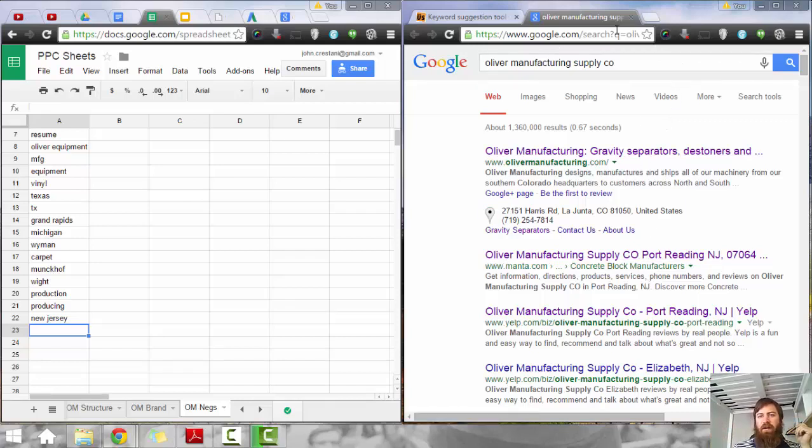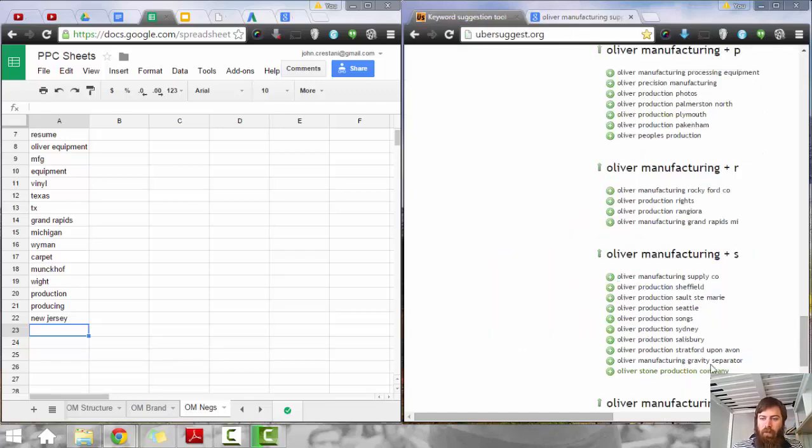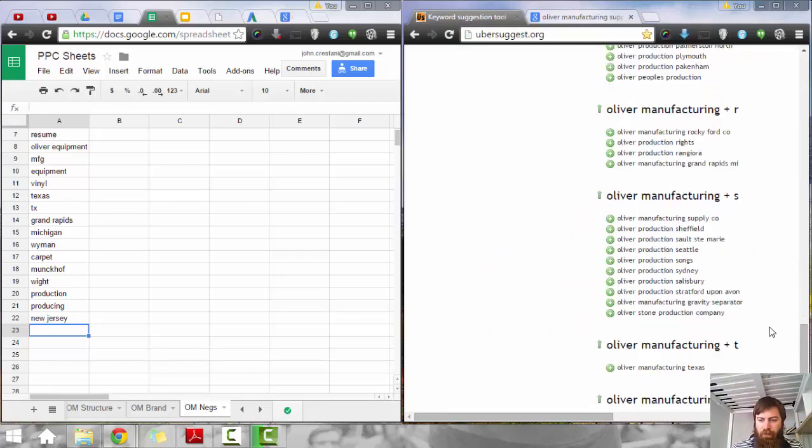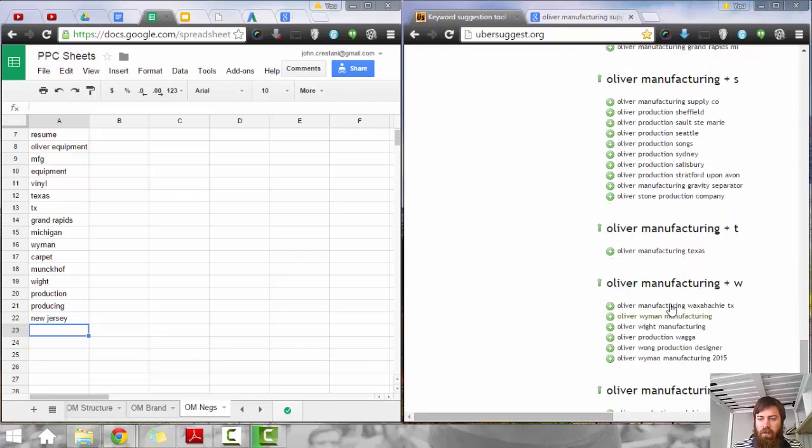It doesn't seem to be a big enough problem. Oliver Manufacturing Gravity Separator. Texas, keep in mind, lots of these terms don't matter because the word production is already negatived out.